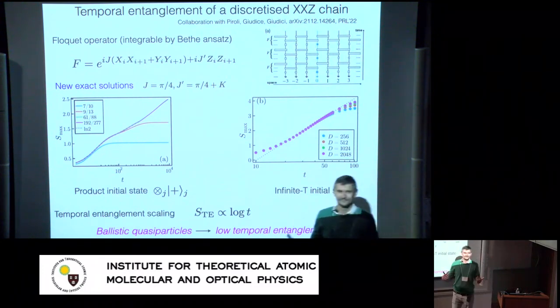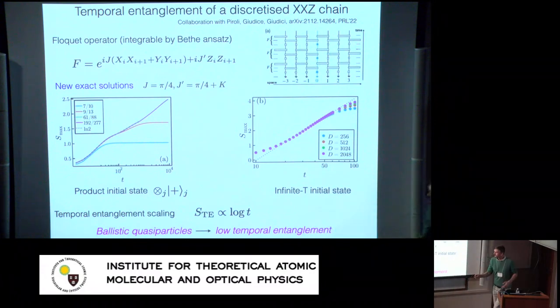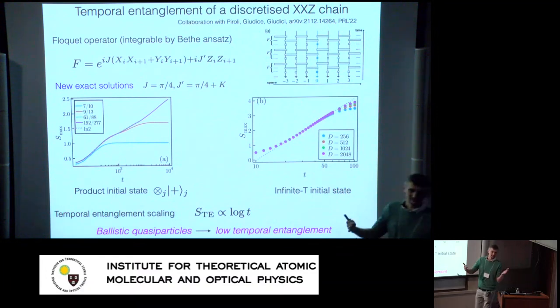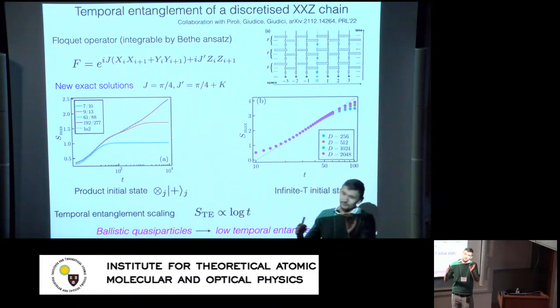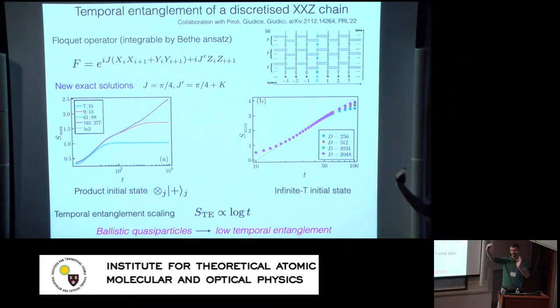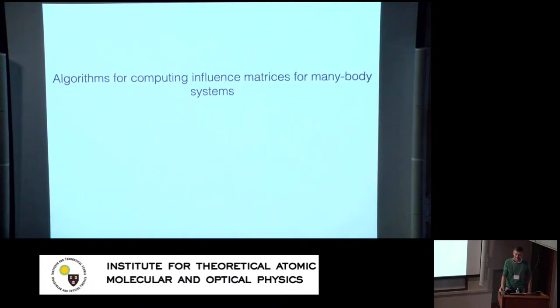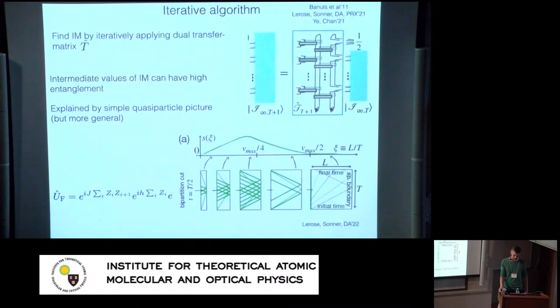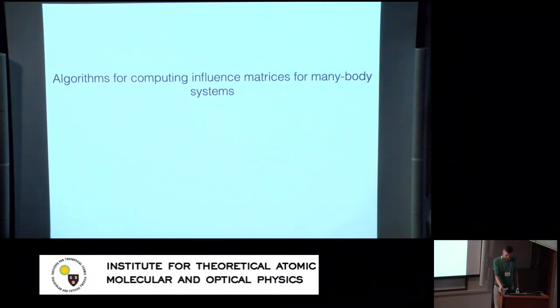So this is a general property: whenever you have ballistic quasi-particles, temporal entanglement is low. This is because your subsystem can interact with a given quasi-particle only once, because then the quasi-particle flies away and doesn't come back. And this is a nice fact, but it has quite powerful implications for, in particular, quantum impurity models.